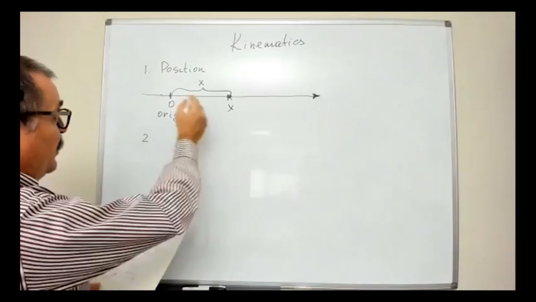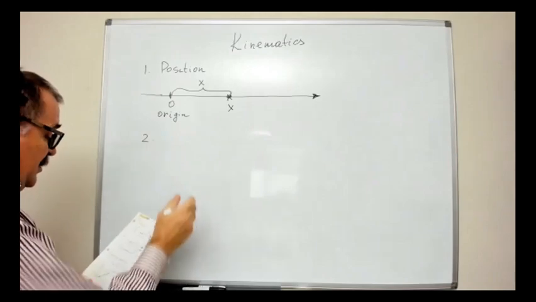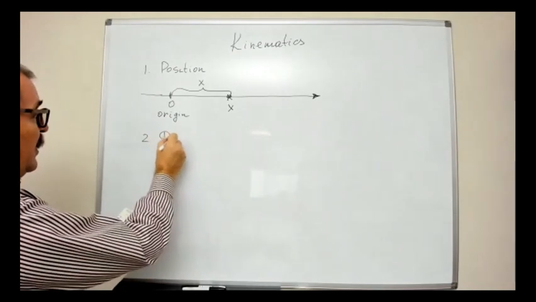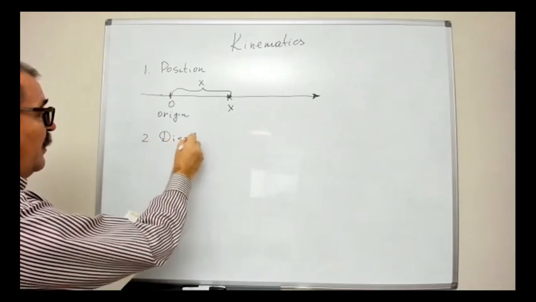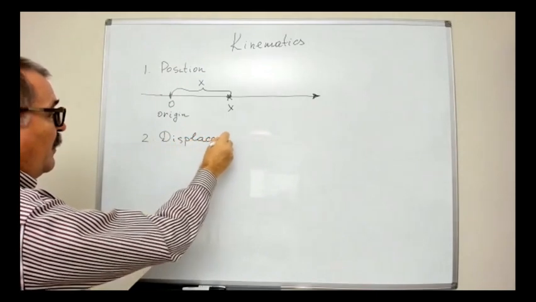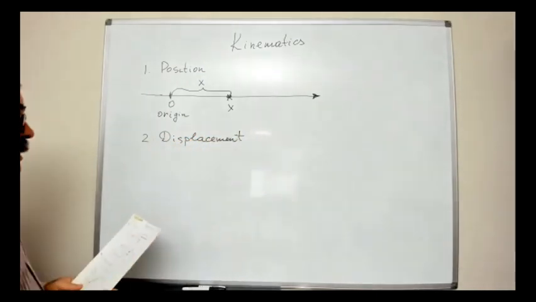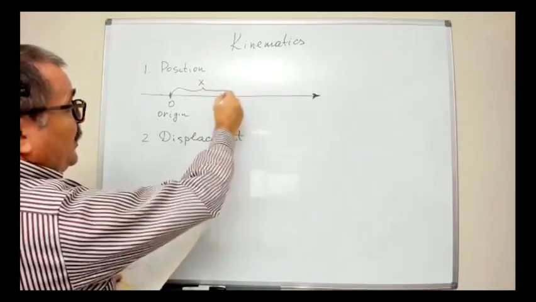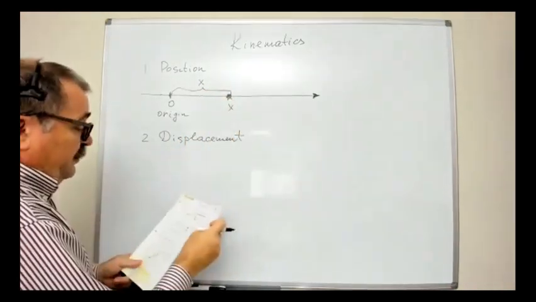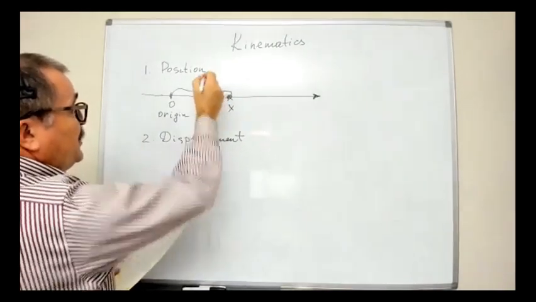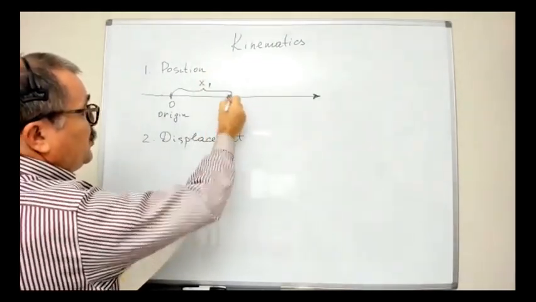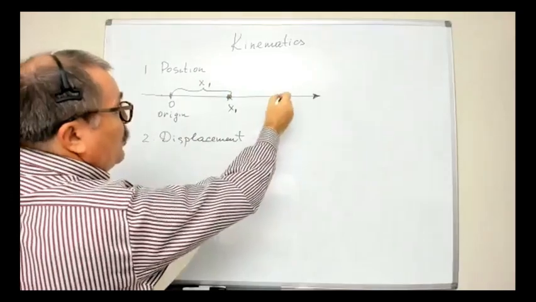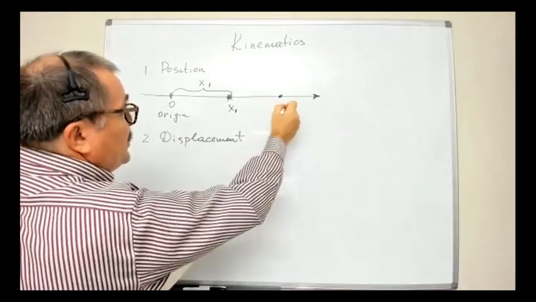So now the second property, displacement. On this plot, we can displace this object from position 1, let's say this is position 1, to position 2, to this position, let's say that's x2, right?